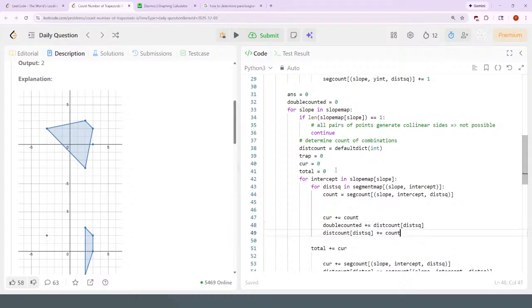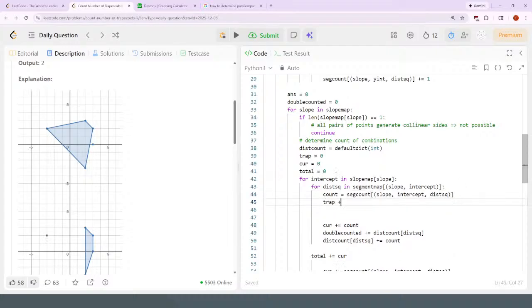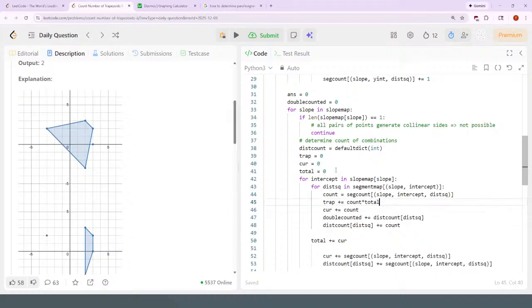Yeah. Because that's going to be also the number of things that, yeah. Count, segment count for this. Need to increase the trapezoids. So for this, the combination needs to increase by the number of ways this thing forms with the total, I think. Yeah.